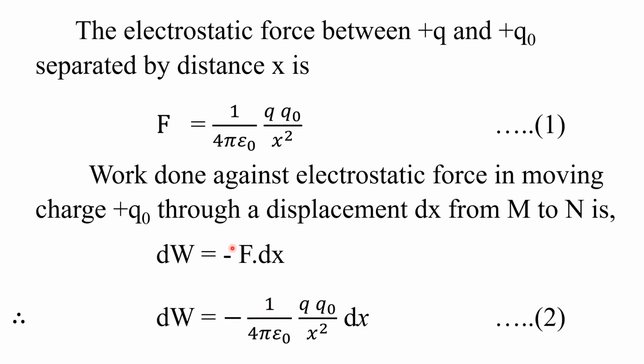Now putting the value of F from equation 1, we get dW is equal to minus 1 upon 4 pi epsilon 0 q0 Q upon x square into dx. This is equation number 2, where F is given, and we have put the value of F in the equation of dW.